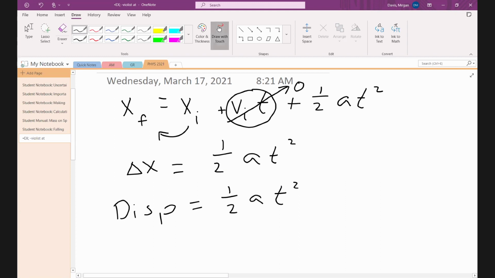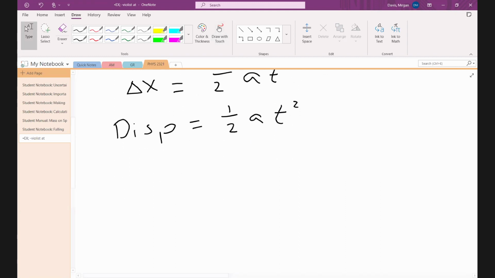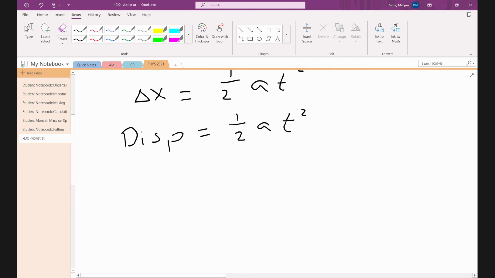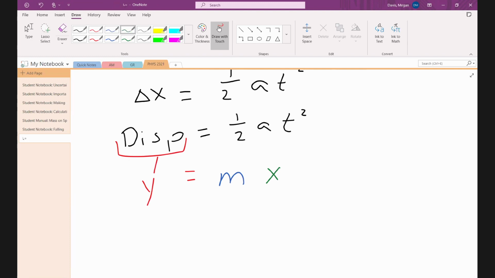And we're going to do the same thing that we've done for the last couple of labs now. We're going to make this look like the equation of a line. So if this looks like the equation of a line, what are my y values? Displacement. Displacement, exactly. What are my x values? T squared. T squared.